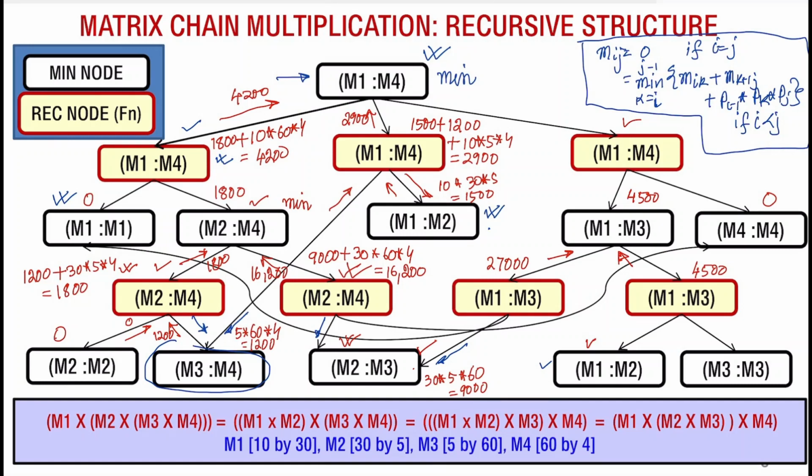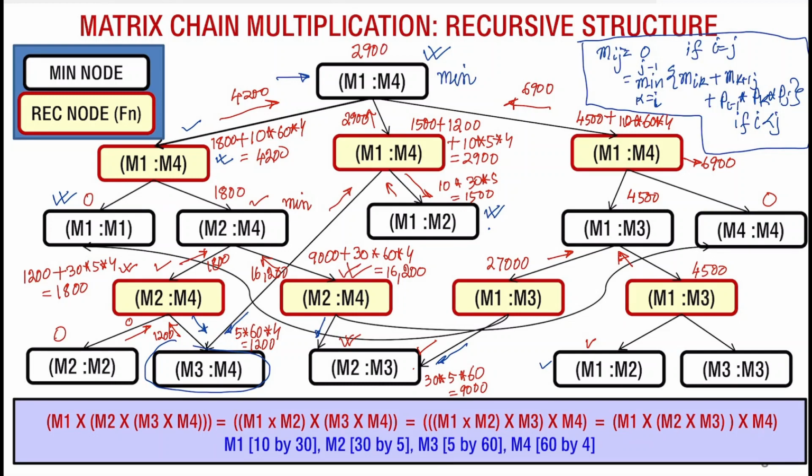Now we can compute this value, which is 4,500 plus, because this side is 0, an additional 10 into 60 into 4 will come. 10 into 60 into 4, and this will lead to a 6,900 step. So from here we will get 6,900, and out of these three, the final result which we will get is 2,900.